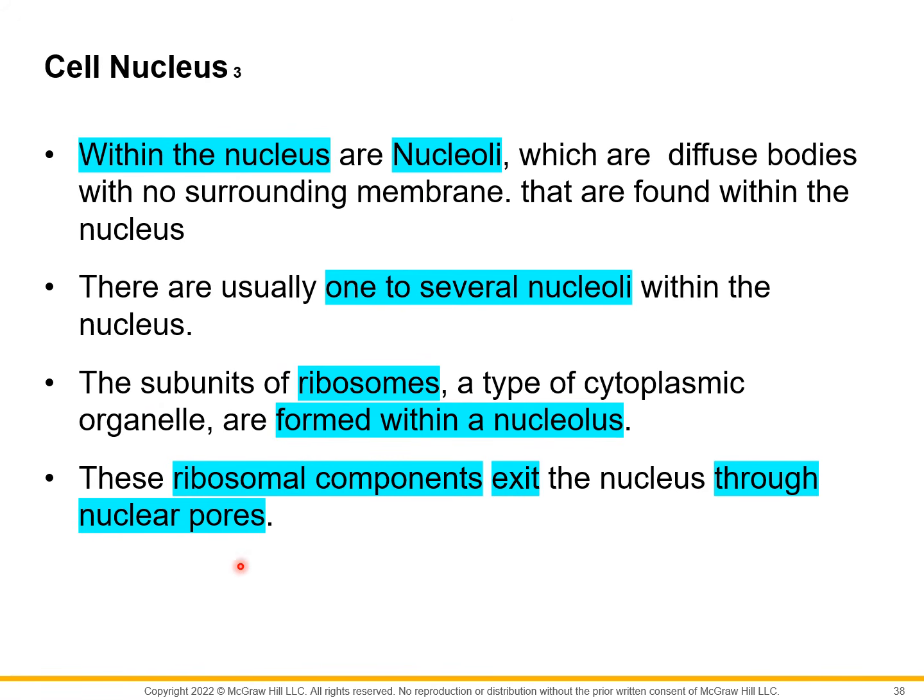So ito na po yung nabanggit natin kanina, the function of the nuclear pores. There are things that are being created inside of the nucleus, things being created by the nucleoli, and they have to move out of the nucleus eventually. So dun sila dadaan sa nuclear pores.